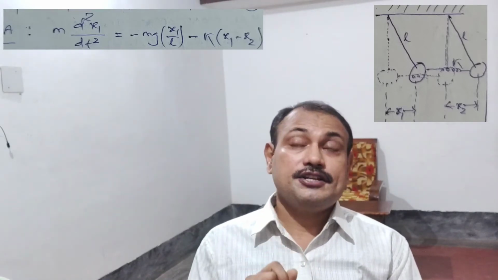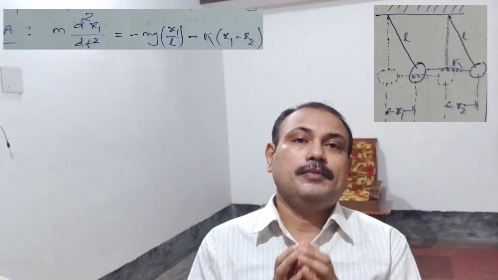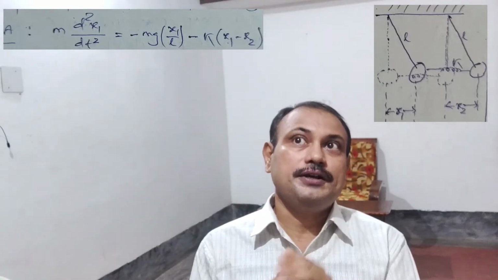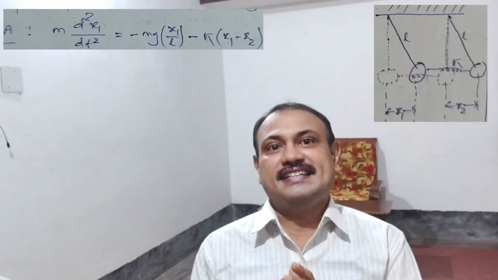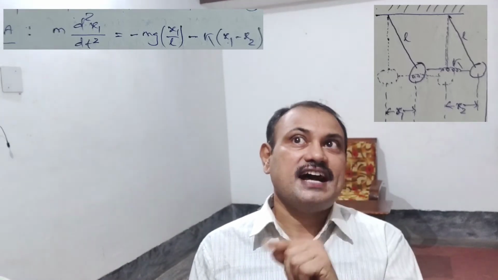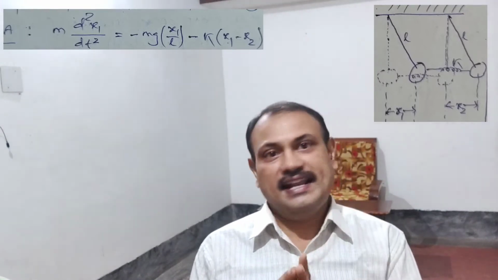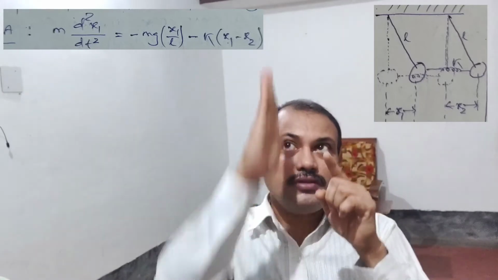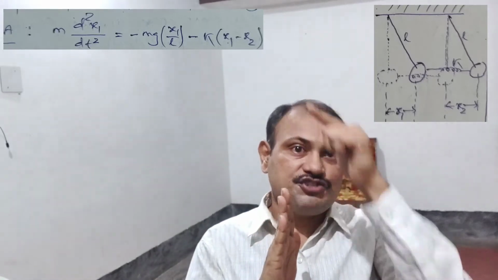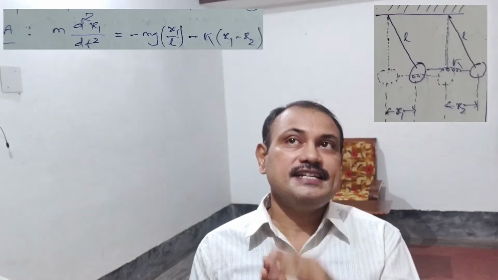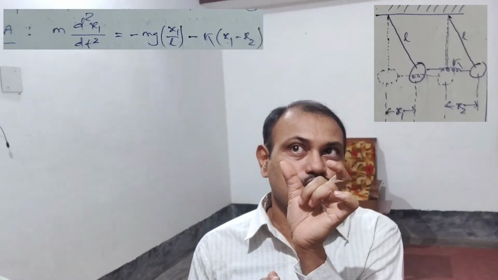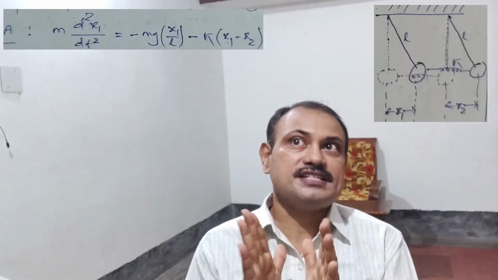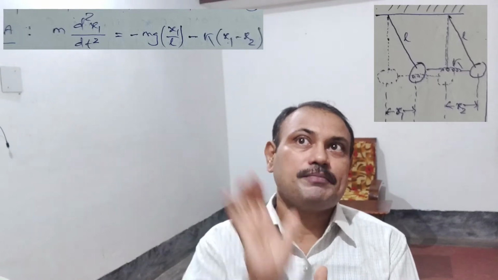Here the restoring force when bob A is considered is obviously mg sin theta, and sin theta we have replaced by x1 by L, because if theta is the angle subtended by the string with the vertical, then sin theta is nothing but the displacement x1 by L.